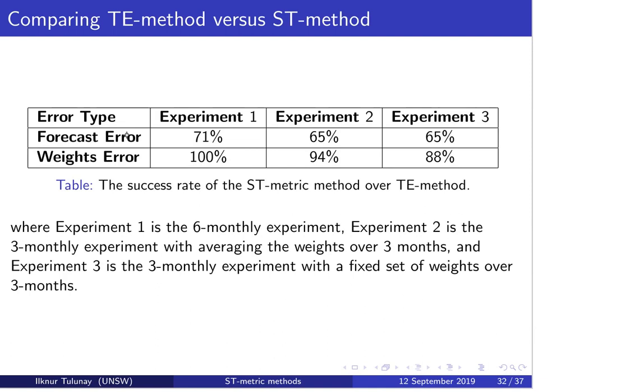So we've looked at a different type of error: forecasting error or weight error. Forecasting error calculates the differences between the benchmark and the forecasted value of the portfolio that we constructed. Weight error is between the actual weights and calculated weights.